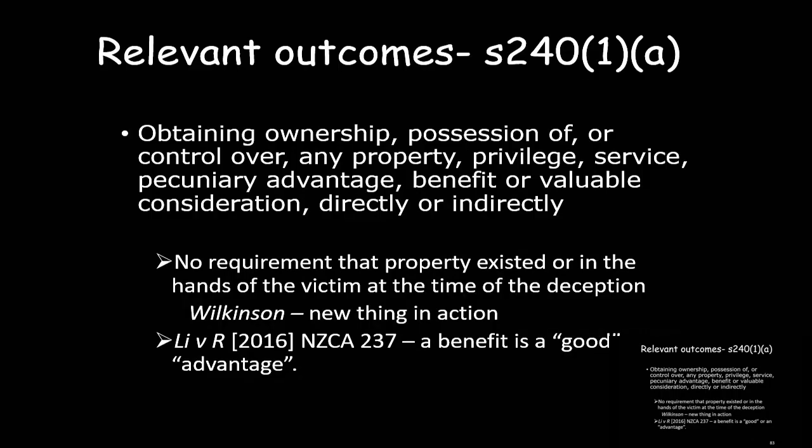So this is where it fills the gap created by theft because of our problem with financial online transactions. 240 can fill that gap because as long as you've got a loss, you also don't have to show that even at the time of the deception the property was even in the hands of the victim or in the control of the victim or that it even existed.